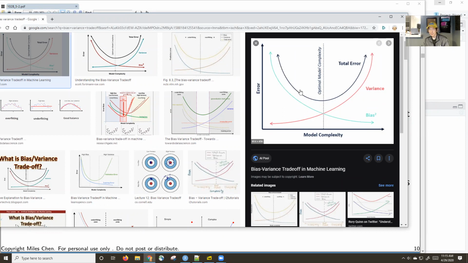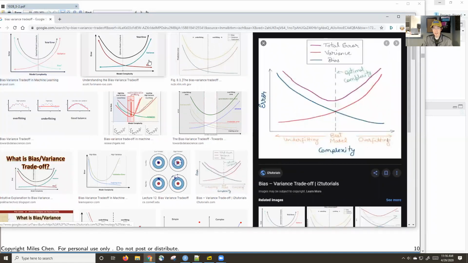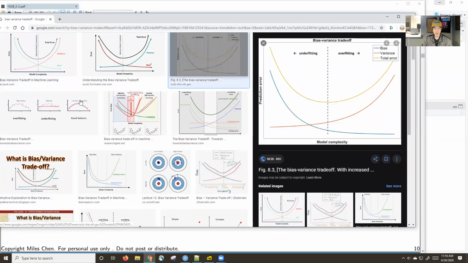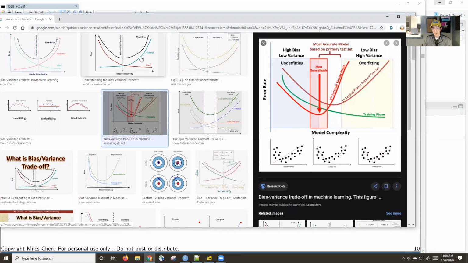So this is a nice little picture, and we feel like, I guess that makes sense. That's good, right? Basically everyone has their own version of this picture, and they all look very similar.